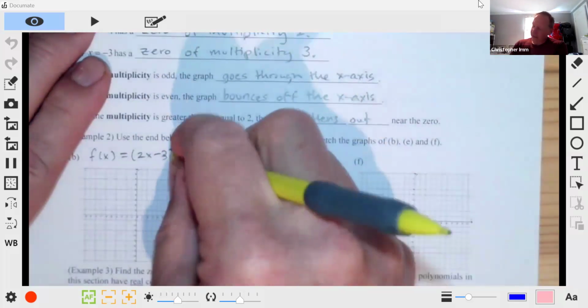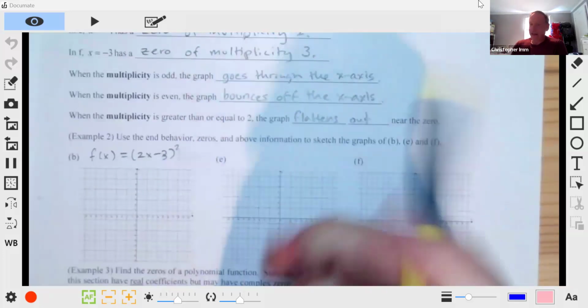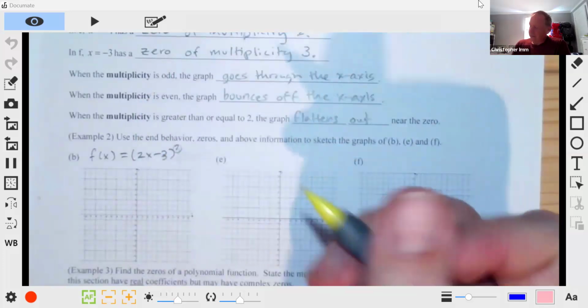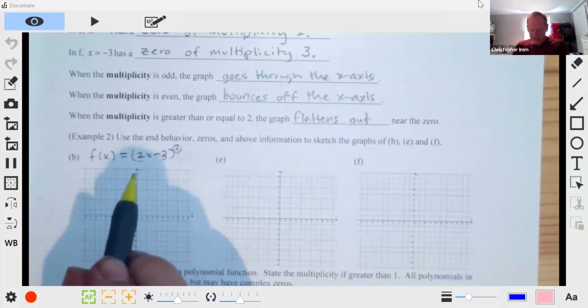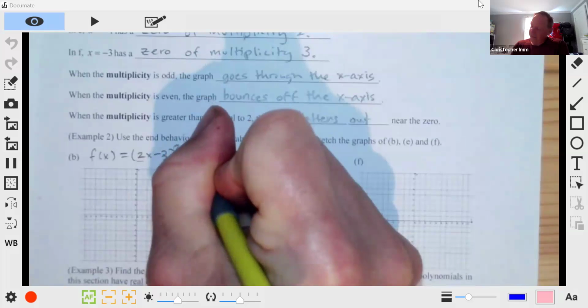It turns out that for the end behavior, we would have an even degree polynomial, and we would have a positive leading coefficient because we originally had 4 for our leading coefficient. It's going to open up on both sides.